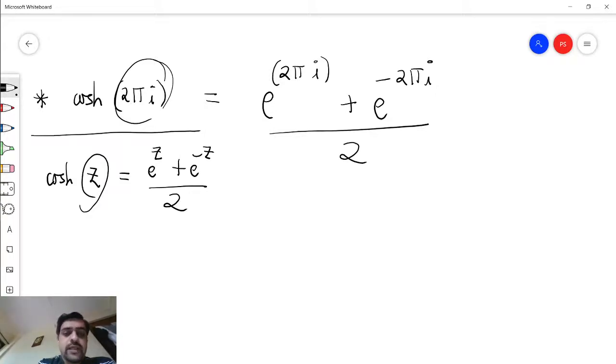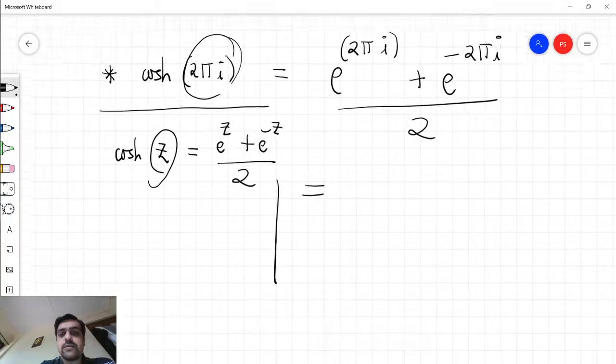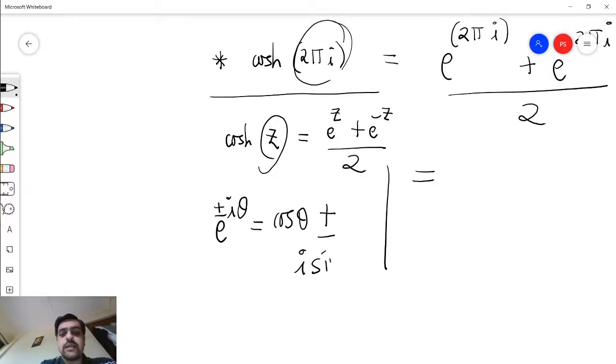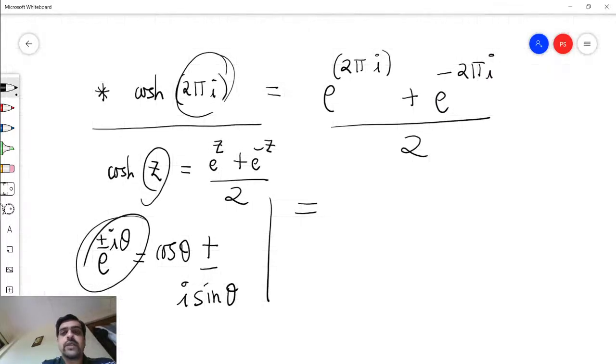Now in order to further simplify this, we must know Euler's formula, that e raised to plus or minus i theta is cos theta plus or minus i sine theta. Now compare this expression with the term present here. This theta is this 2 pi here.